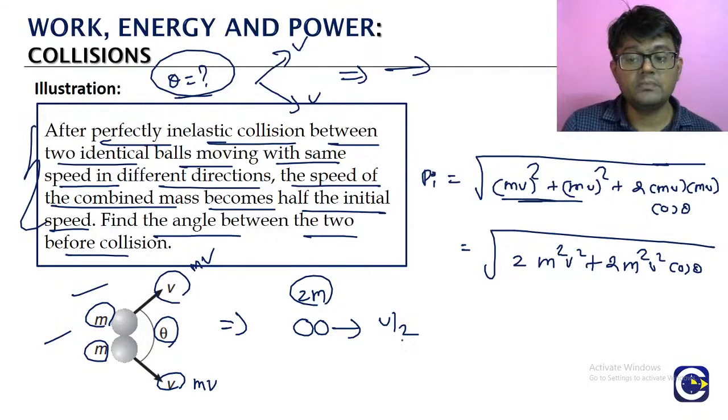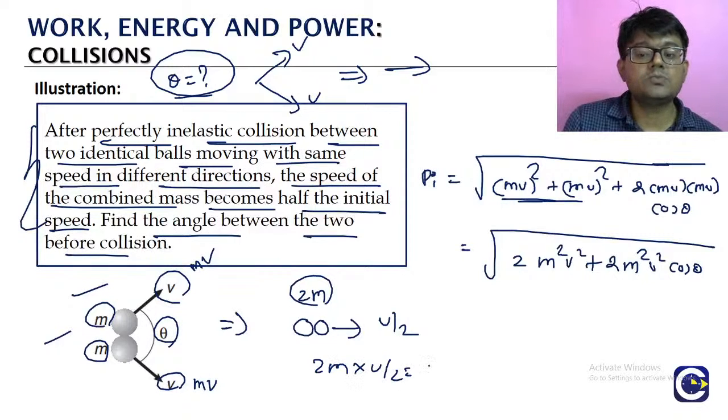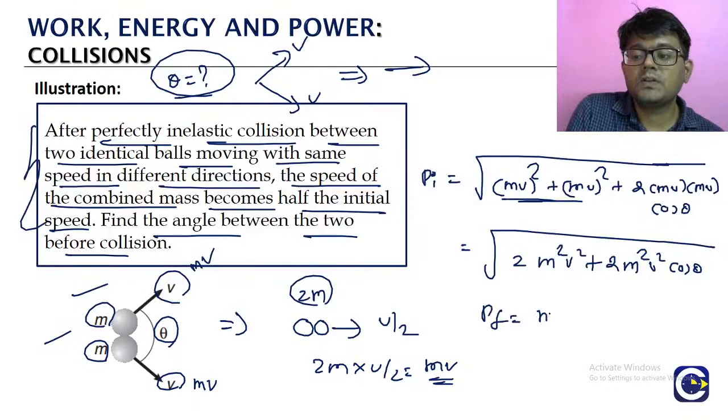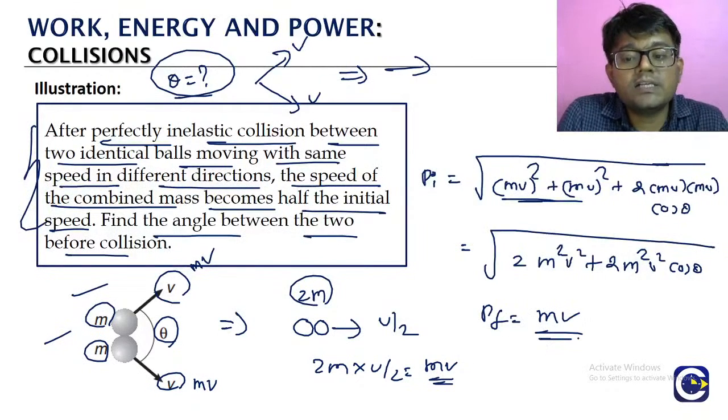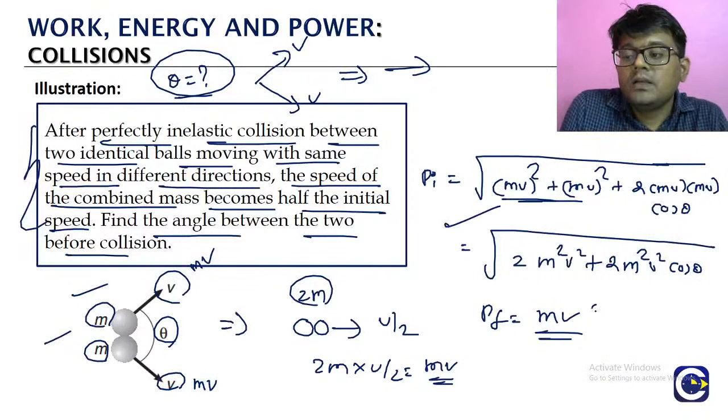That is the initial momentum. What is the final momentum? That is 2m into v by 2, which is mv. Conservation of momentum means whatever the initial momentum is equal to final. That's it. We will get the answer.